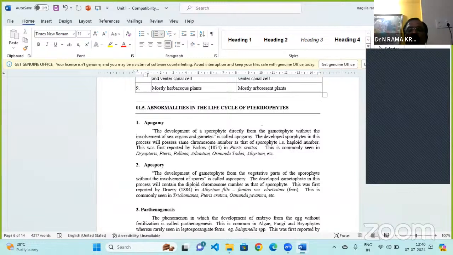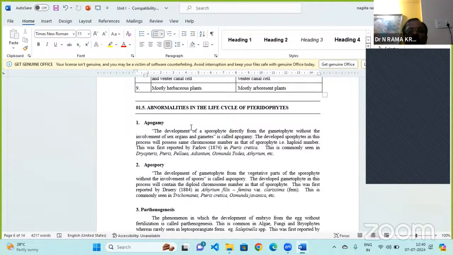This was first reported by Farlow in 1874. It is commonly seen in ferns such as Adiantum and Asplenium. The meaning of apogamy is development without involvement of sex organs and gametes.